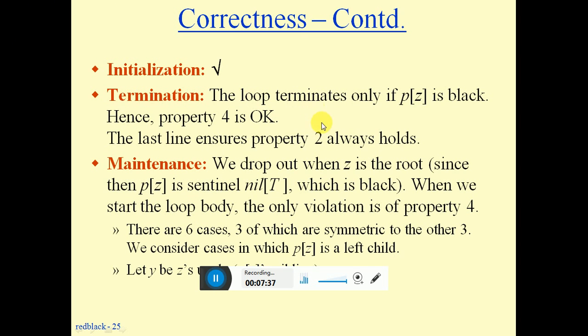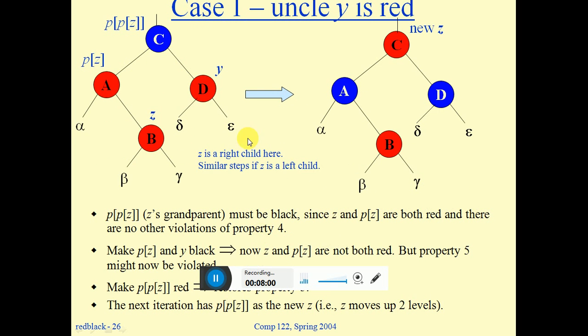When the loop terminates, the last line ensures property 2 always holds. For maintenance, we drop out when z is the root, since p of z is the sentinel nil of T, which is black. When we enter the loop body, there are six cases, three of which are symmetric to the other three.